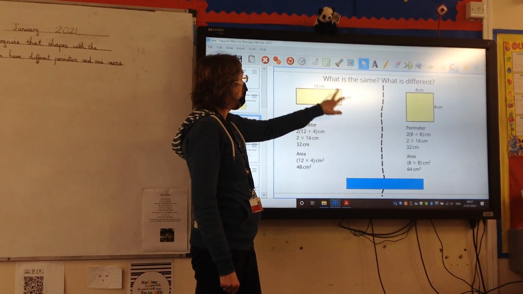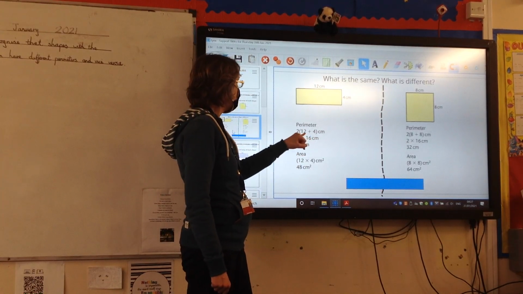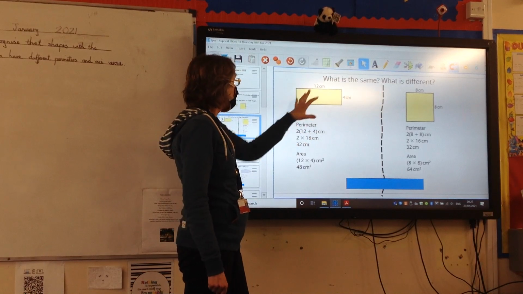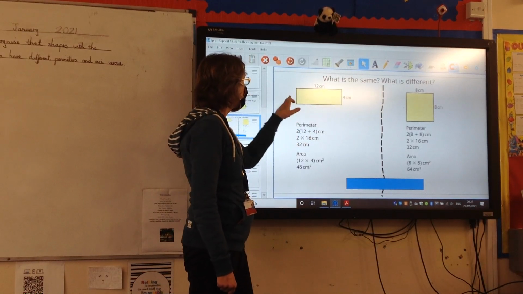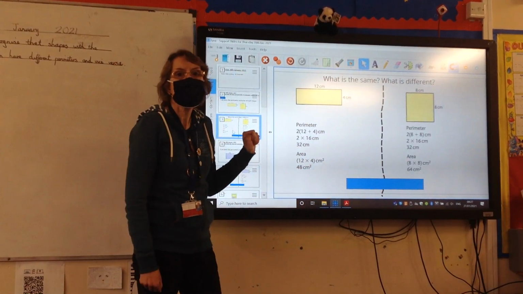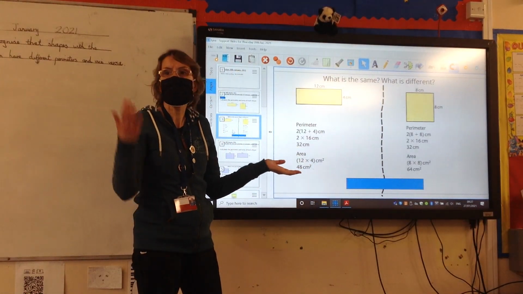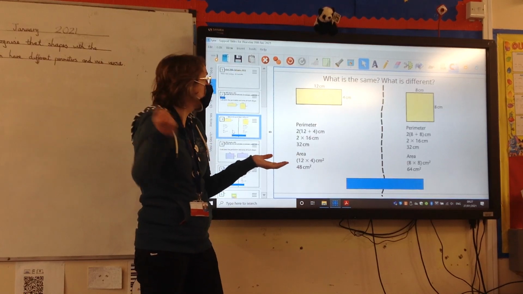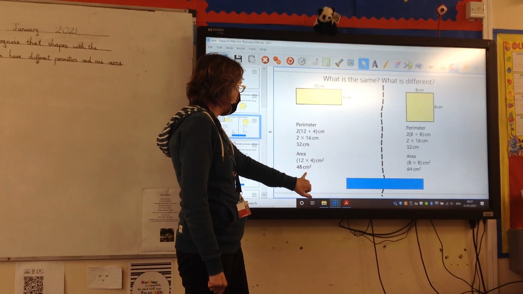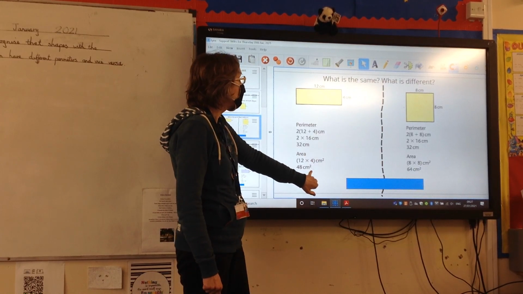Or you could add 12 and 4 together, which is 16, and then do two lots of 16s. You've got that twice, which is 32. And then the area equals length times width. So 12 times 4 is 48 centimetres squared.